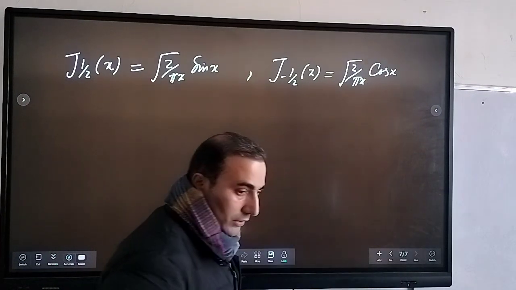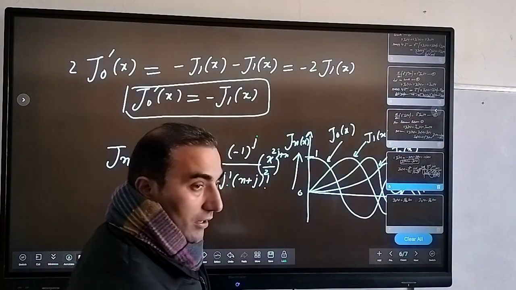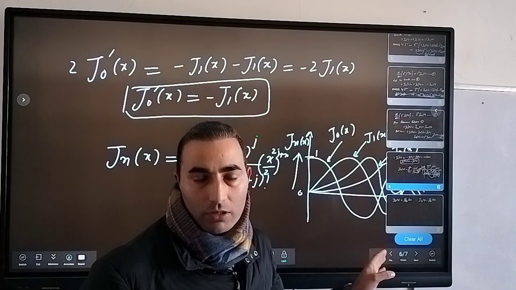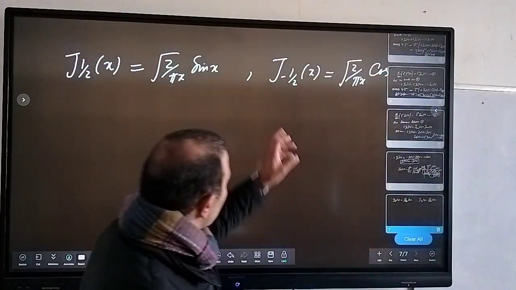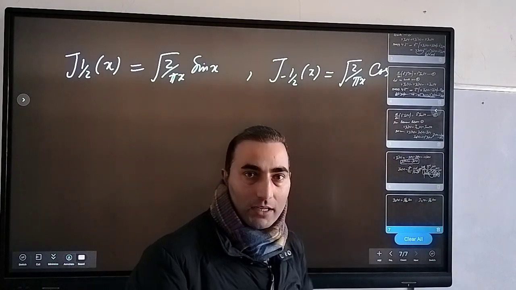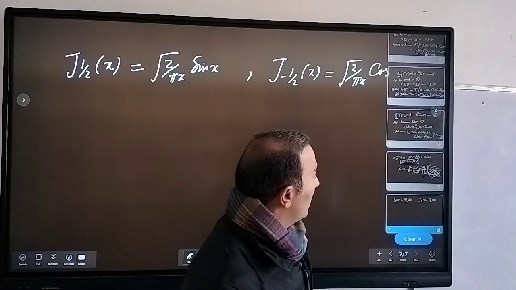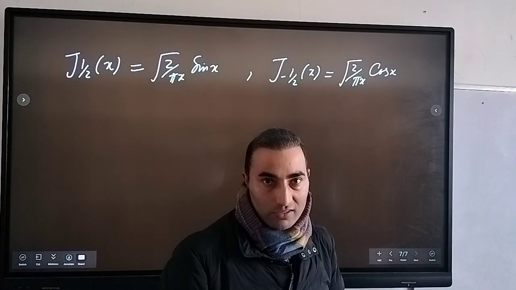So this is basically when we evaluate jn of x by putting that n value 1 by 2, so j half, and what is j plus half and j minus half, right? So I'm getting those. That is square root of 2 by pi x sin x, and j of minus half x is equal to square root 2 by pi x into cos x, right? We have already done it during our class work.